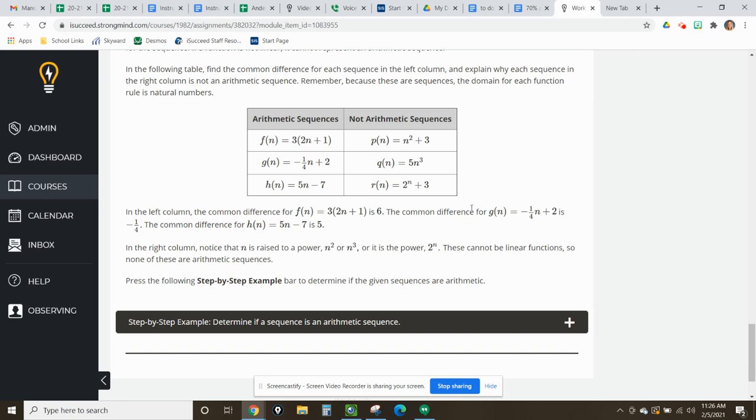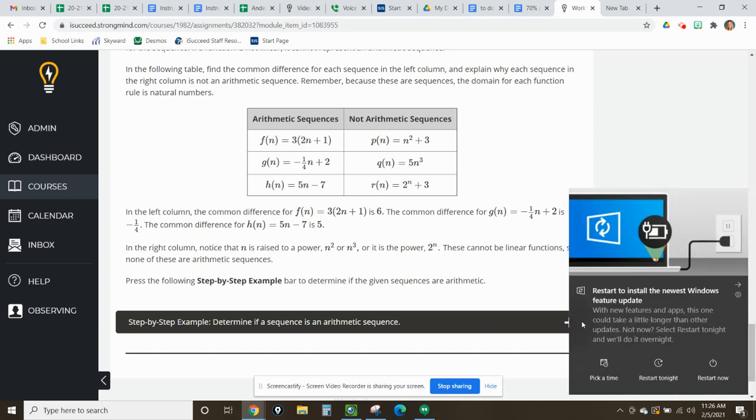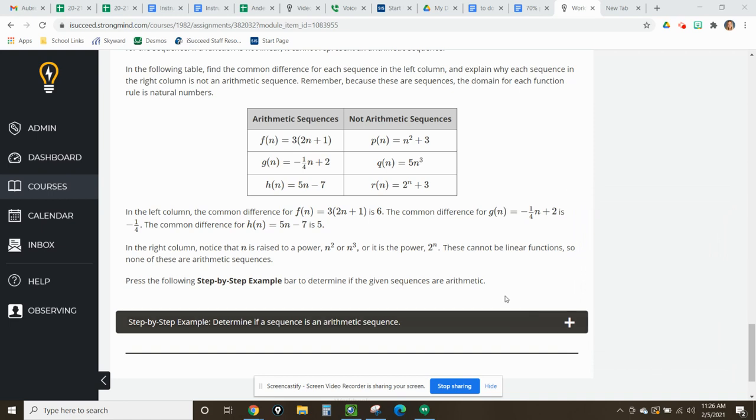The common difference for the next one is -1/4, and for the last one is 5. To find the common difference, you're looking at what is happening to n every time. The reason this first one is 6 is because of the distributive property, 3 times 2 is 6. In the right-hand column, you notice all of these have exponents. We don't want exponents for arithmetic sequences. We'll get to these later in a different type of sequence, but for right now, if you see an exponent, that's not going to be an arithmetic sequence.